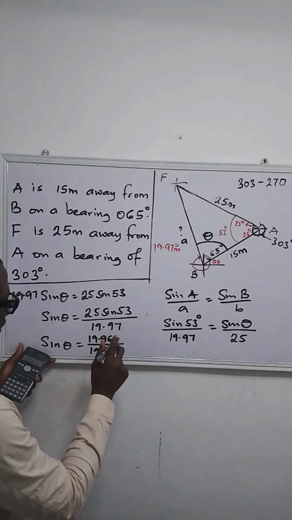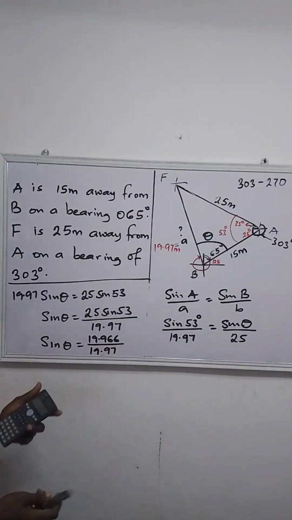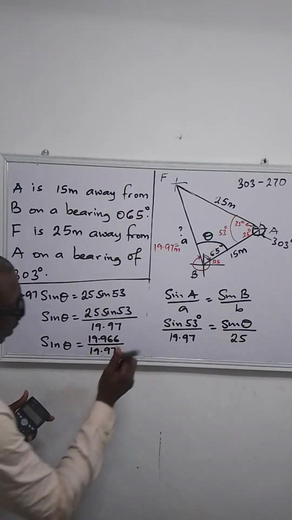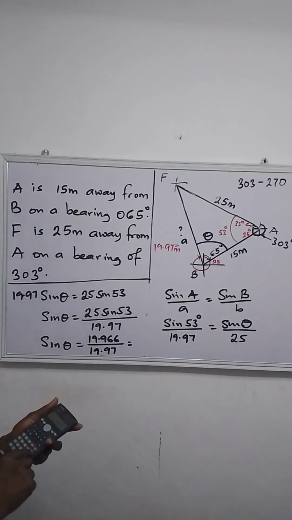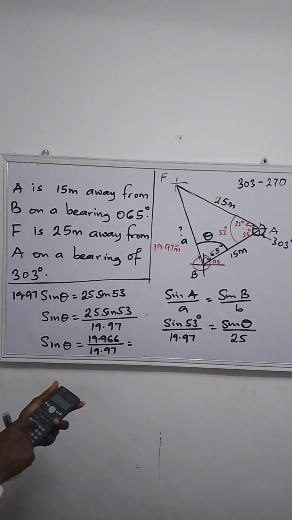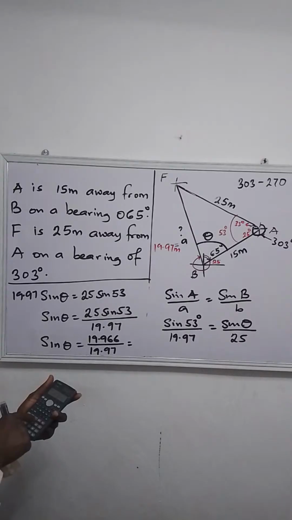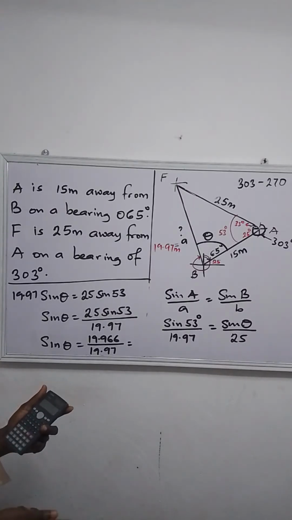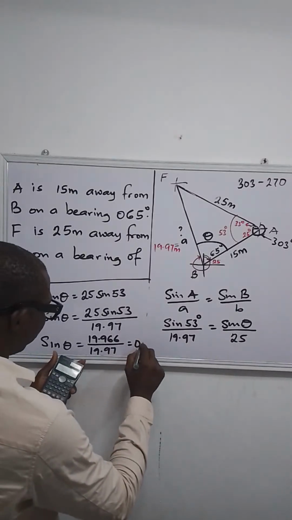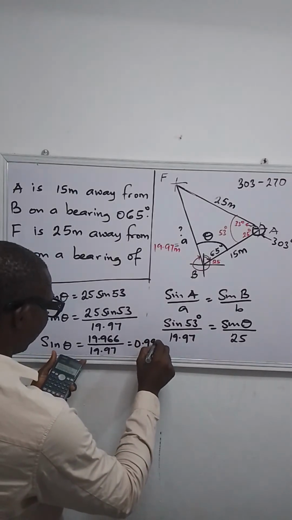Now let's divide and see what we're going to have. When you divide that, you have 0.9998.